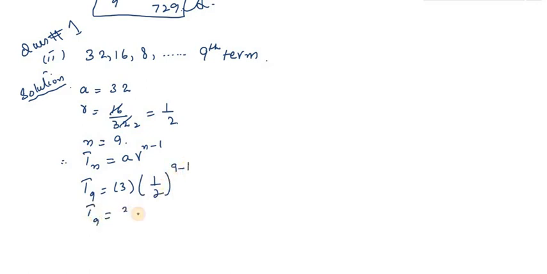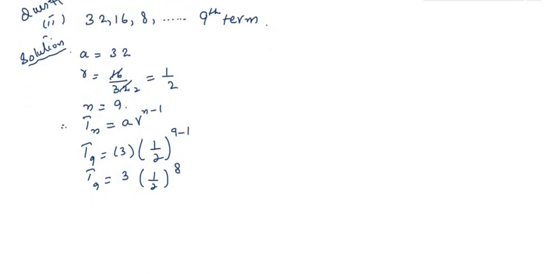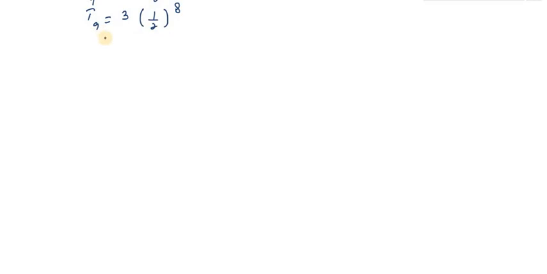The ninth term is equal to 32 times 1 upon 2 to the power 8, which is 1 to the power 8 over 2 to the power 8.